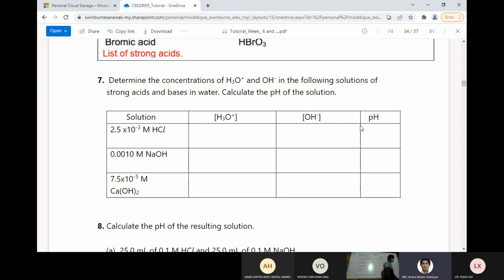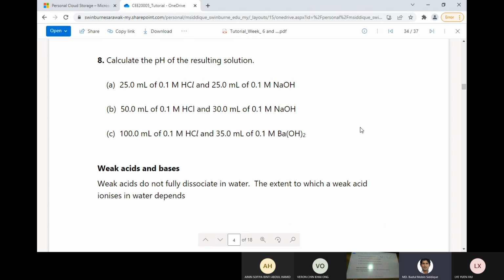Okay, so next question. Calculate the pH of the resulting solution.